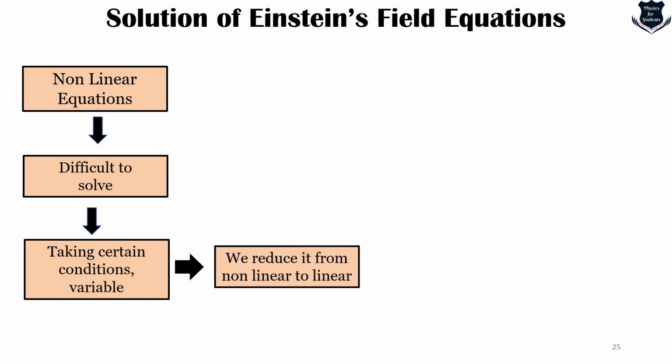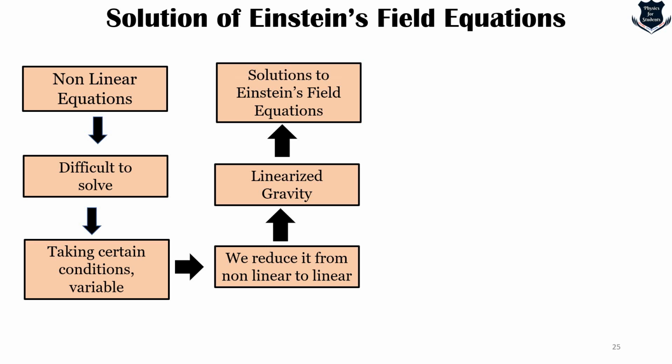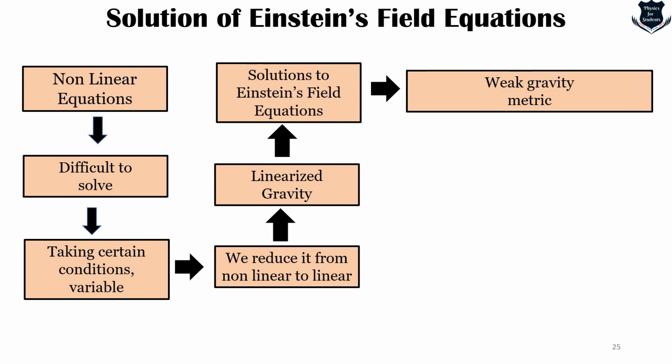When we take these, we reduce it from non-linear to linear, which is a form of linearized gravity. And this linearized gravity leads to solutions of Einstein's field equation, which lead to the weak gravity metric. Weak gravity metric means the gravity is weak, the perturbation is small, the complications are less, the metric has been reduced, and it is easier for us to solve.